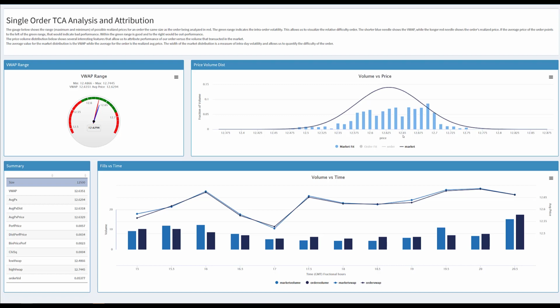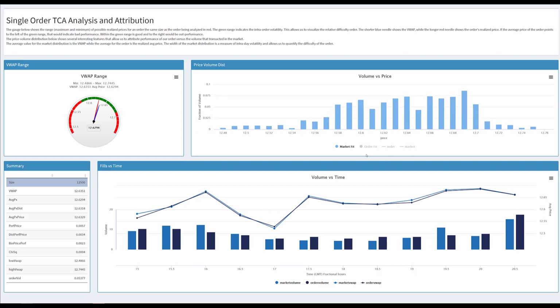As more volume occurs at different prices, it becomes more difficult to match the VWAP, which means that we can interpret the intra-order volatility as a difficulty factor that we can normalize by in order to handicap this particular order. The reason we would want to do that is we may want to aggregate performance across many different stocks. Each of the stocks might have a different intra-order volatility.